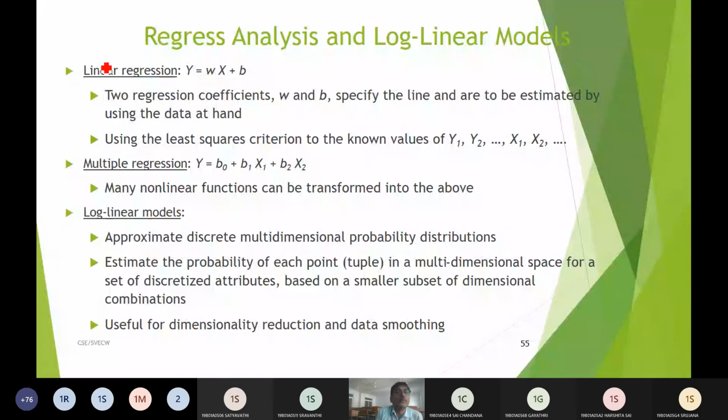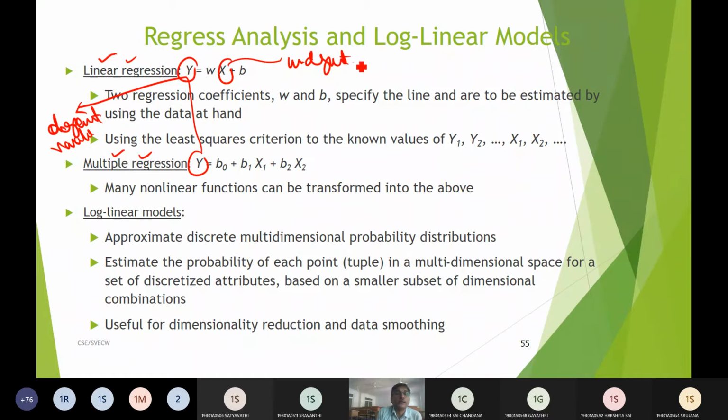So we were talking about the linear regression, another one was multiple regression. So y at any point of time we call the dependent variable, x at any point of time we are going to call the independent variables. Then we have the coefficients, one w, another b.